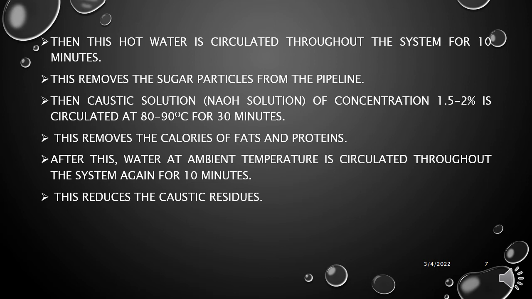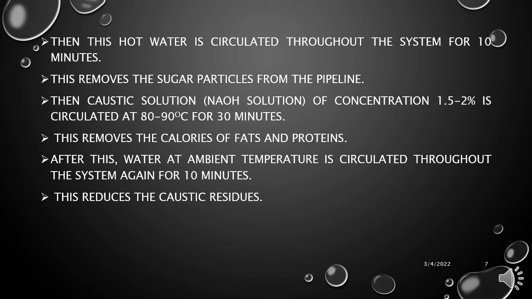When we attain the water temperature of 50 to 60 degrees Celsius, we circulate this hot water throughout the system for 10 minutes in order to remove the sugar particles from the pipeline. After removing sugar particles from the pipeline, we use caustic solution having concentration 1.5 to 2%, which is circulated at 80 to 90 degrees Celsius for 30 minutes so that we can remove the residues of fats and proteins.